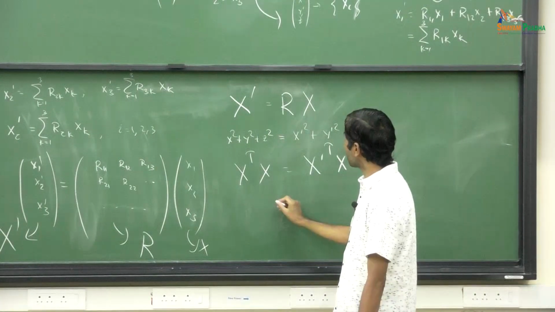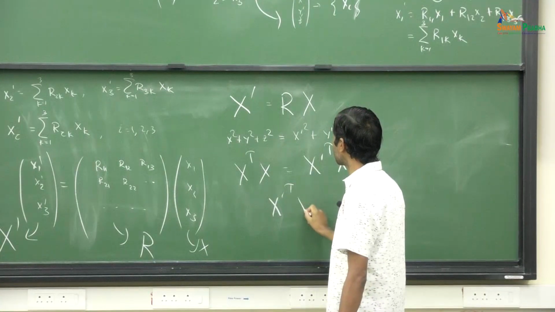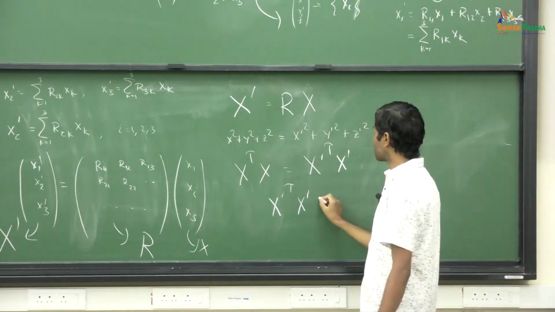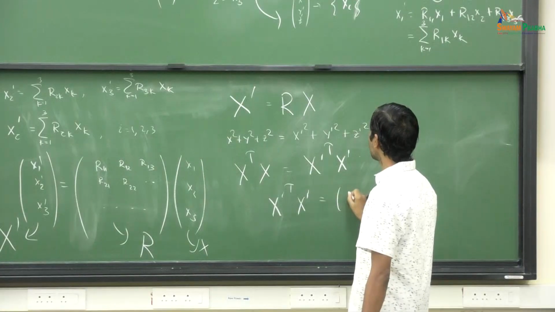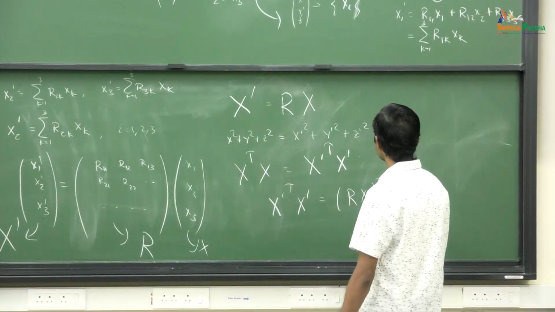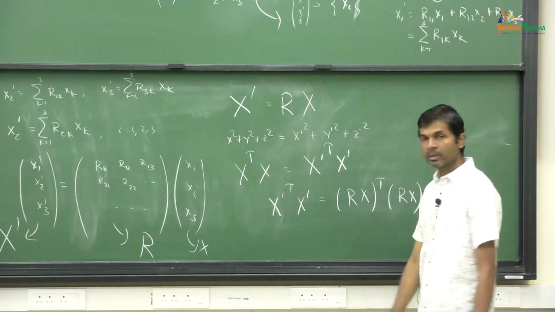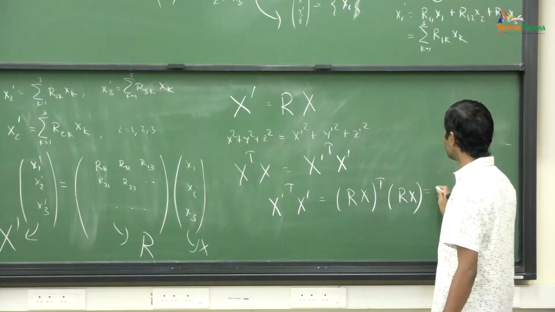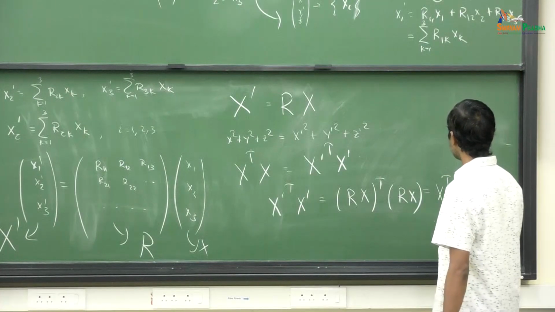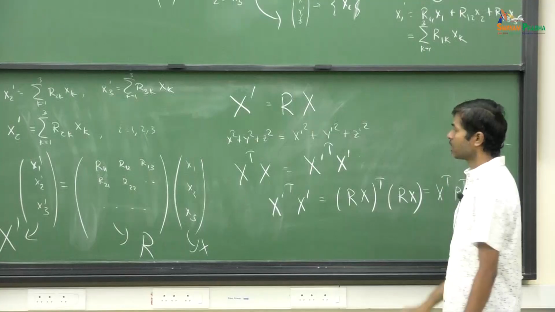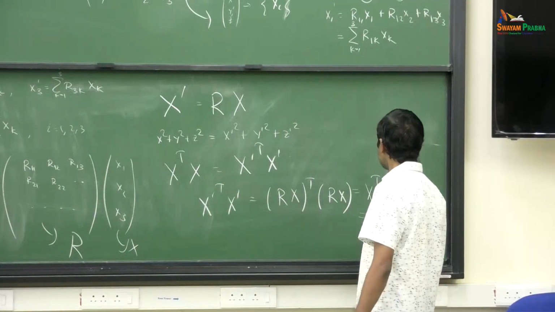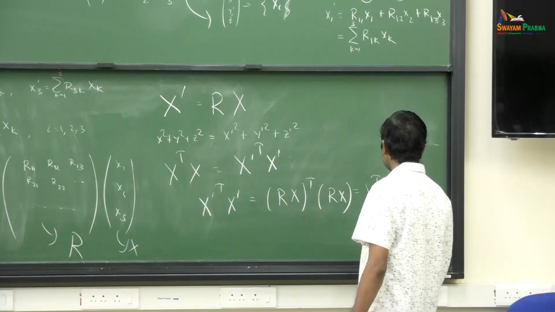And if you look at x prime transpose x prime, x prime transpose is (Rx) transpose, and x prime is Rx. So this will be x transpose R transpose Rx. And this quantity has to be same as x transpose x.